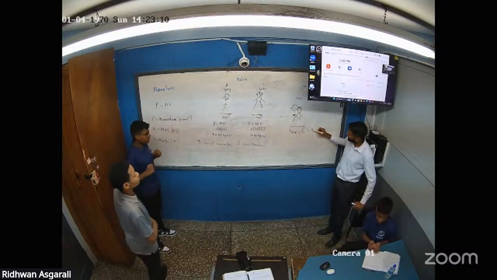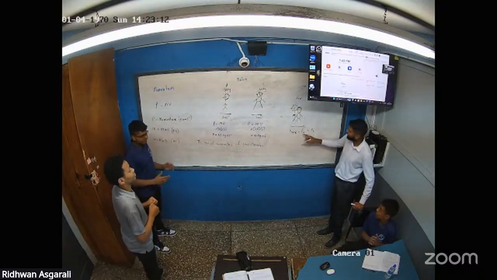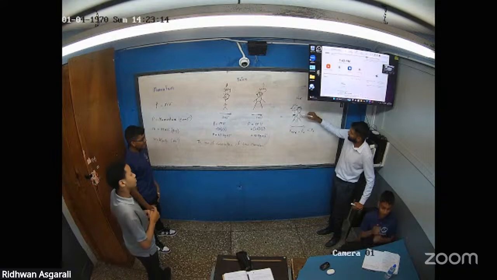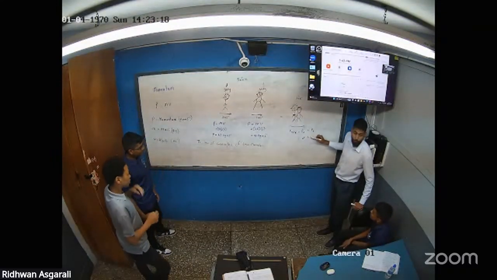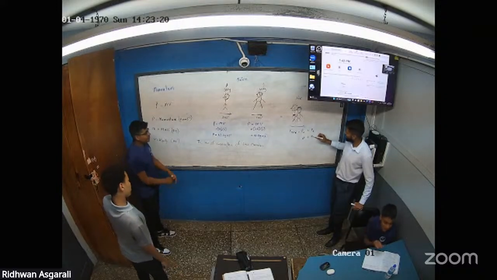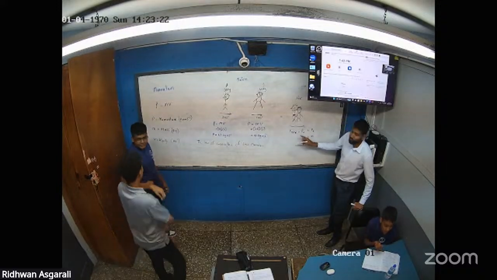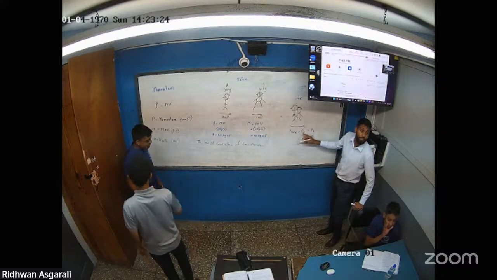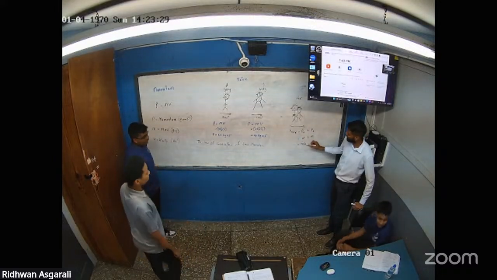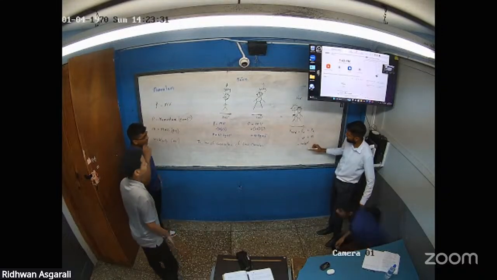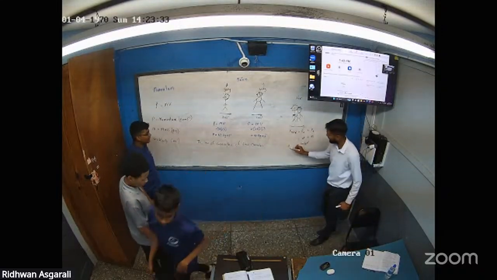What's the momentum of Aaron? 60. What's the momentum of Shaquille? 40. So the total momentum, the momentum of the crash, is 100 kilogram meters per second. Momentum of crash.